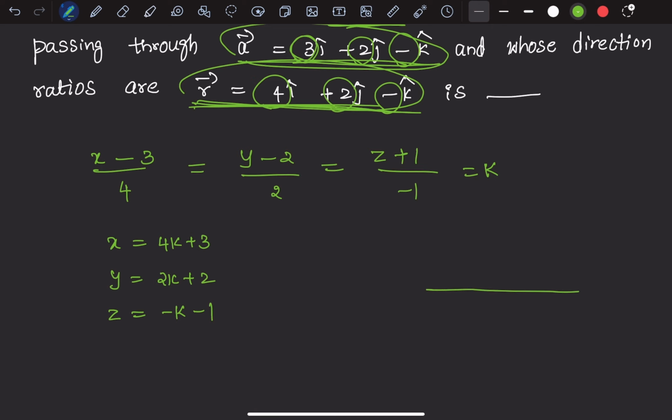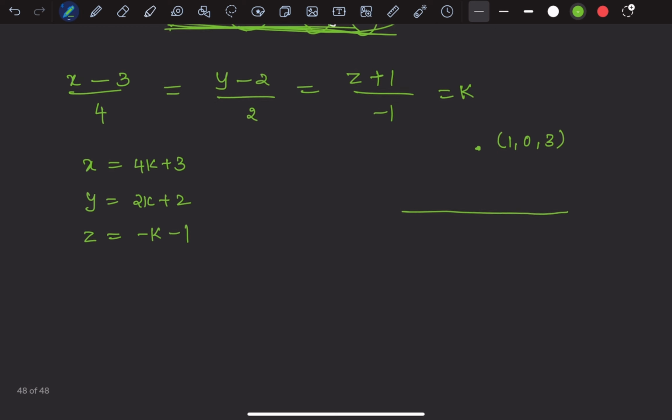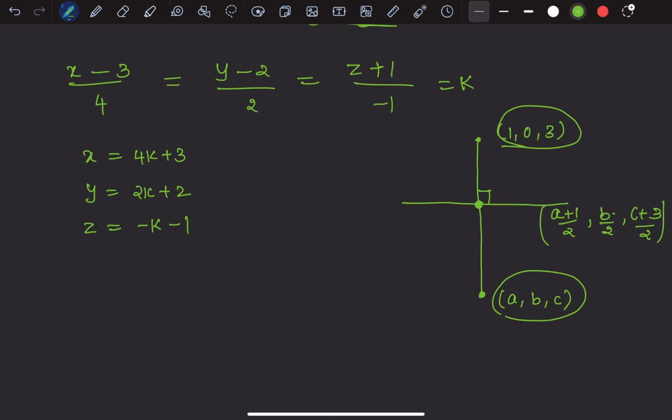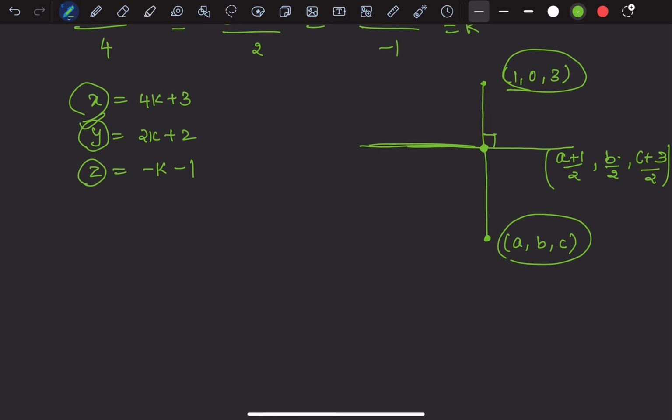So now you have this line and you have a point given in the question, 1, 0, 3. You have to find the image of this point in this particular line. Alright, so let us say the image is a, b, c. Now this point will be the midpoint of 1, 0, 3 and a, b, c. So what is the midpoint? A plus 1 by 2, b by 2 and c plus 3 by 2. So now this midpoint lies on this particular line. So x, y, z, we have these coordinates.